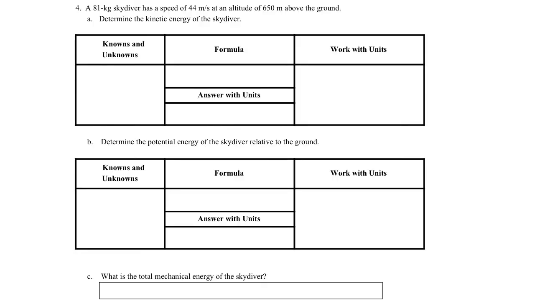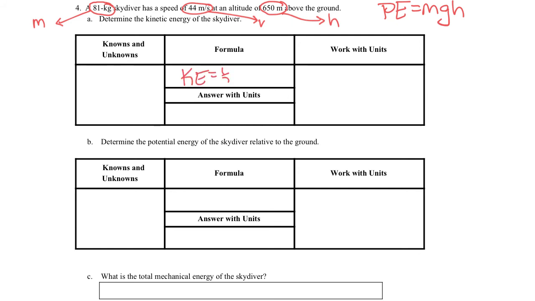All right, so this last question, there's a lot of different information. Let's see, what do we have? We have a mass. We have a speed. And then, oh my goodness, what else do we have? We have a height. So I'll remind you that PE equals mgh for potential energy. Okay, so this first one is just like the ones we just did. Kinetic energy is 1/2 mv squared. We've got m is 81 kilograms.